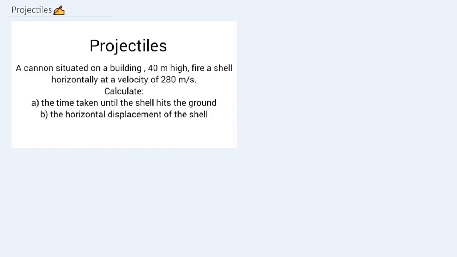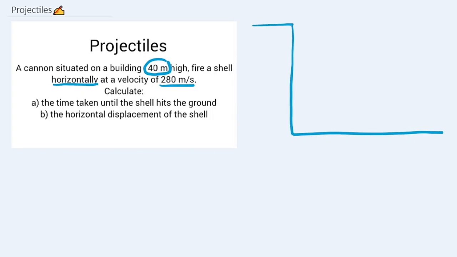Here we're given the height, which is 40 meters. Then we're given the velocity of the shell that is fired horizontally. So let me draw this to illustrate more. It is like this. Then this cannon is here. It fires a shell, rolls to here.